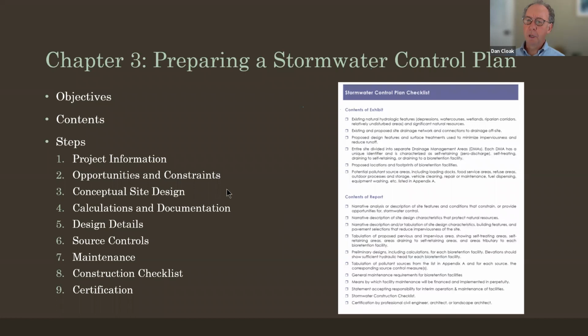But I certainly encourage anyone who has not looked through this to use this tool, these steps, and the checklist that's in here to ensure that they get as close as possible to a complete stormwater control plan on the first go.